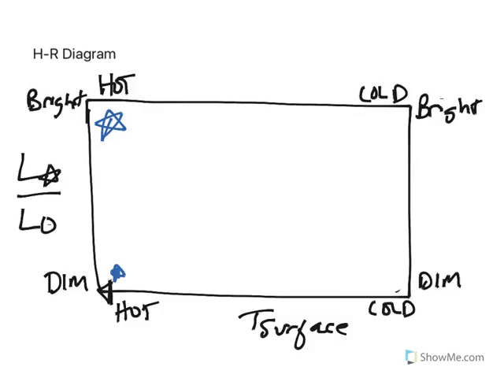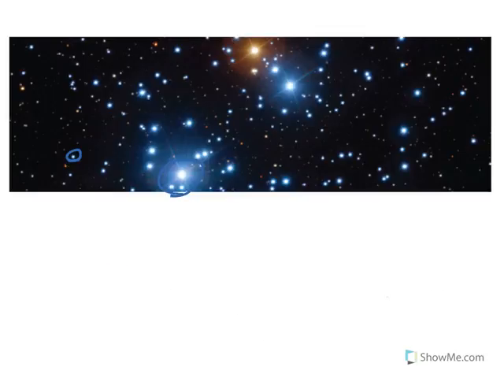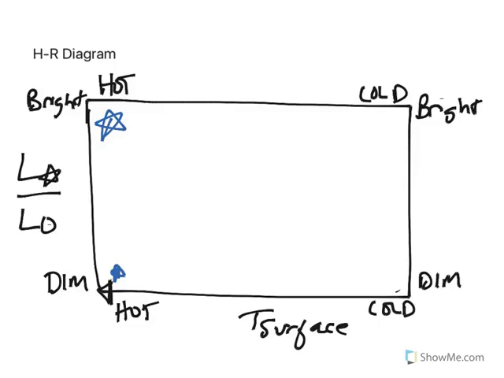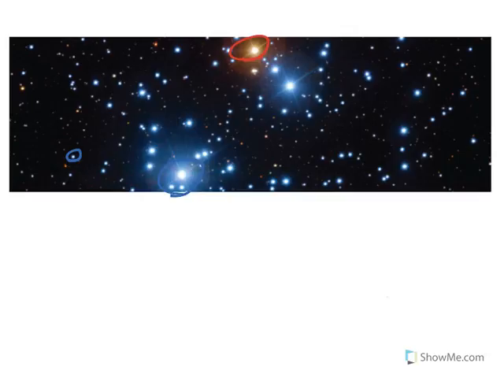Let's go look at some of the red stars. So what we saw in our previous image is this bright red star. And so we're going to put that bright red star, red is a cold color, so that object would appear in the upper right corner. Let's go look at our dim red star.